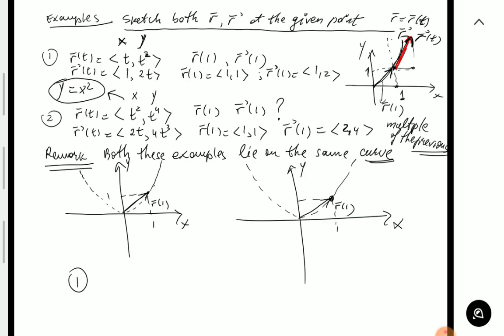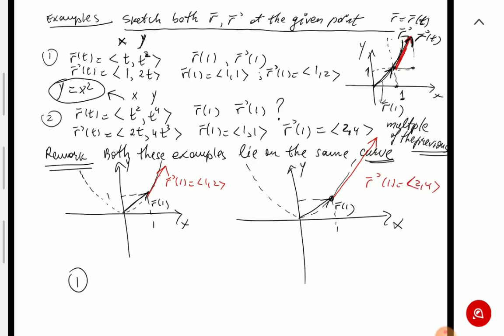In the first case, the tangent vector is going to be 1, 2. I'm not sure if I have enough room here so I can make my point. In the second case, the tangent vector is twice as long, right? So in the first case, r prime of 1 is 1, 2. In the second, r prime of 1 is 2, 4.